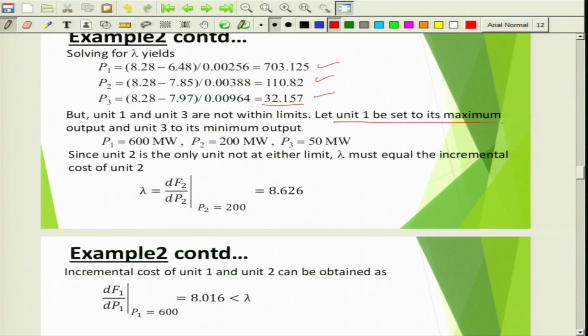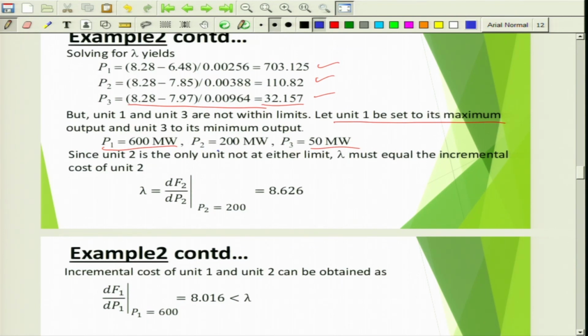Let unit 1 be set to its maximum output. That means the Lagrangian multiplier based approach is suggesting increased generation of unit 1 as much as possible, right. So now the maximum limit is 600. Now you fix the power generation of the first unit as 600 megawatt, and limit the third generation to 50 megawatt, and you will get the value of the second generation.